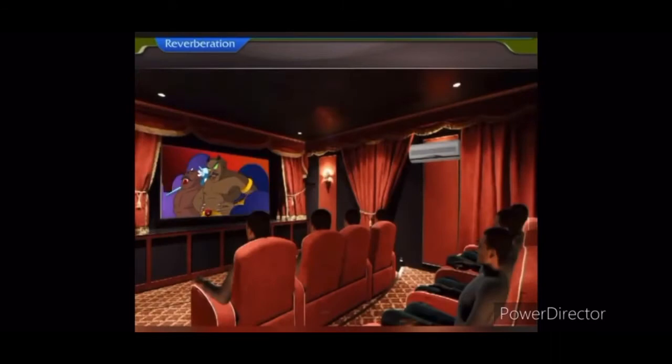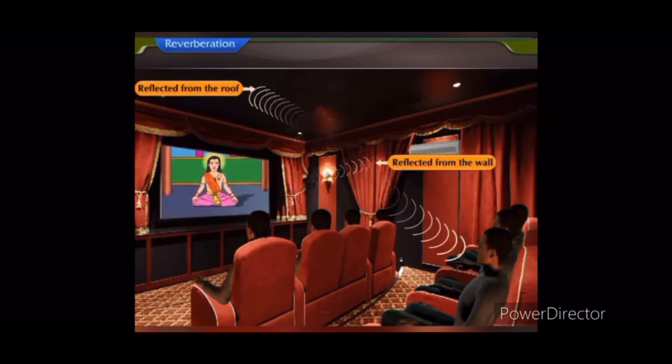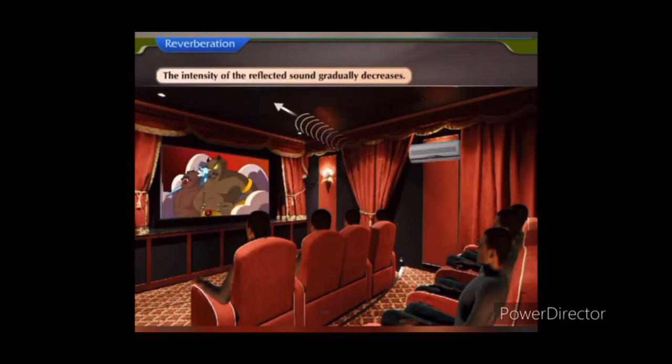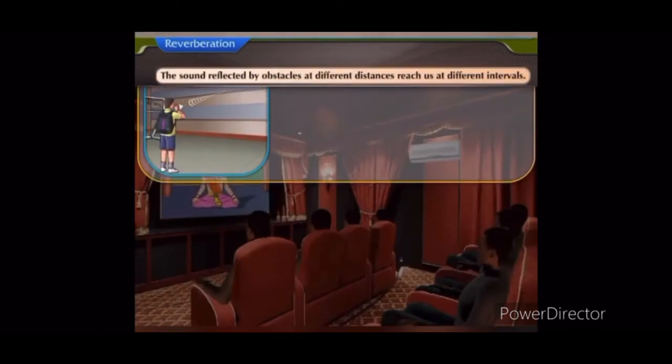A sound created in a big hall gets reflected from the walls and roof and repeatedly reaches our ear. The intensity of the reflected sound gradually decreases. The sound reflected by obstacles at different distances reaches us at different intervals.